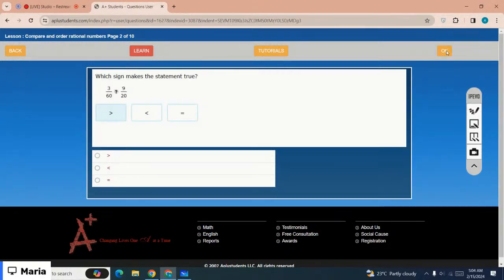Which sign makes the statement true? 3 over 60 and 9 over 20. So you have to make their denominators same before comparing, right?